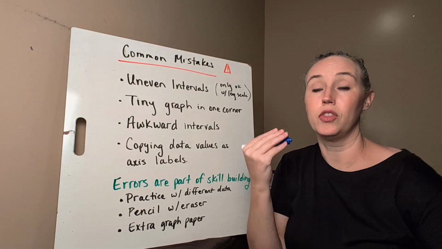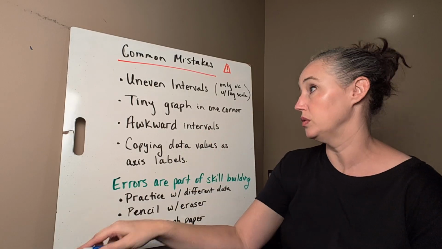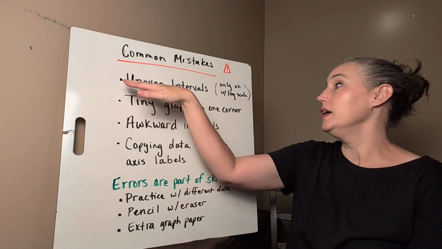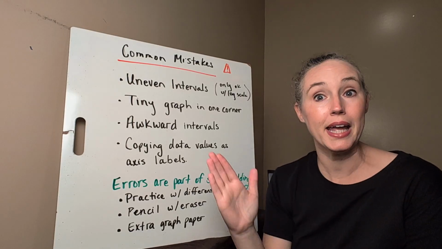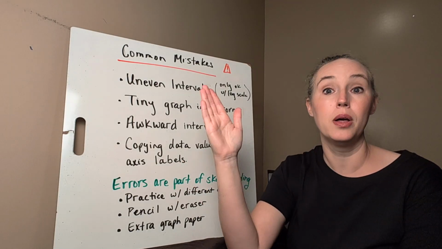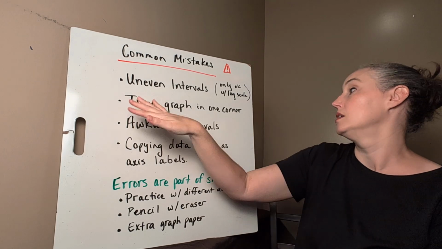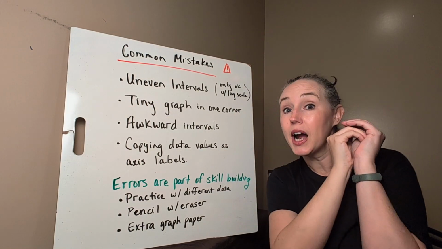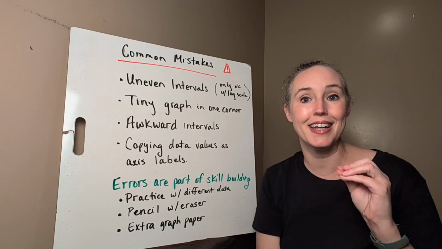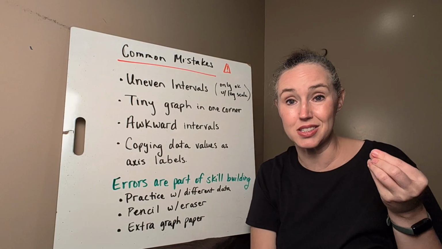Common mistakes that students make when choosing scale and intervals. One, they'll do uneven intervals. Now this is only okay if you're using a log scale, but even then you need to be using powers of 10. Another common mistake is having a tiny graph in the corner. Again, that could be perfectly accurate and you're still going to earn some points for it.